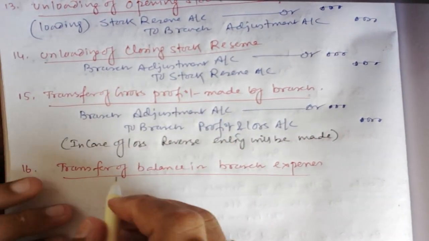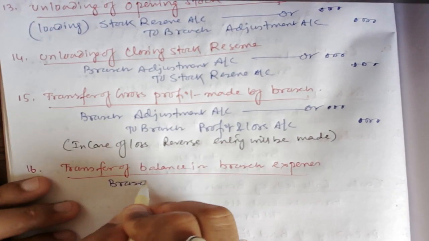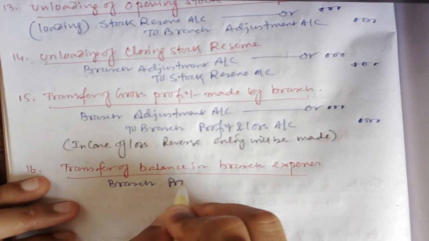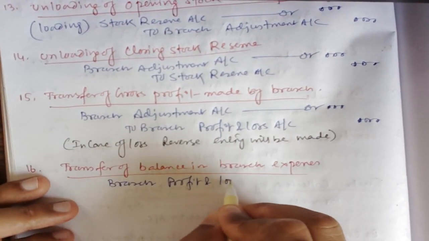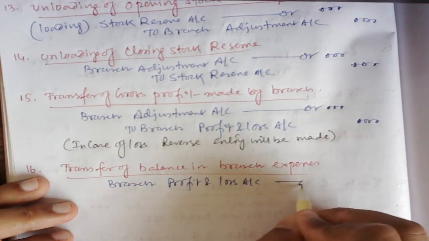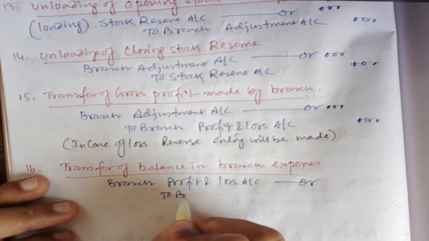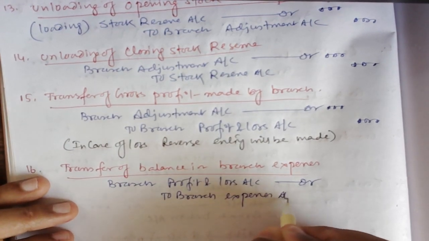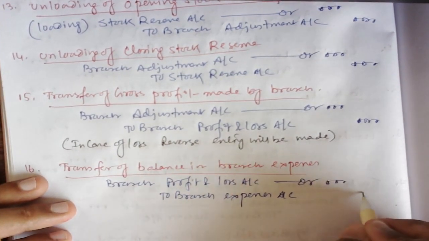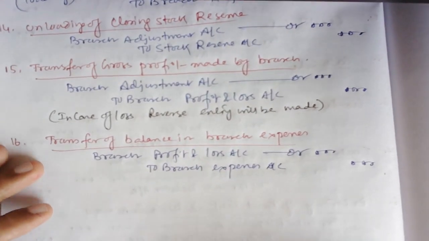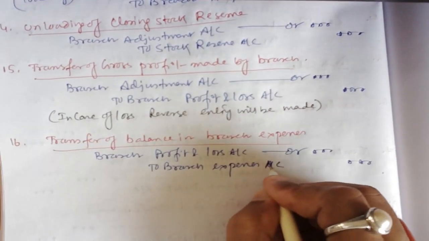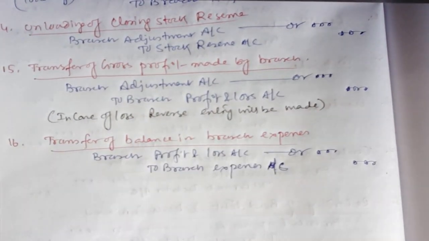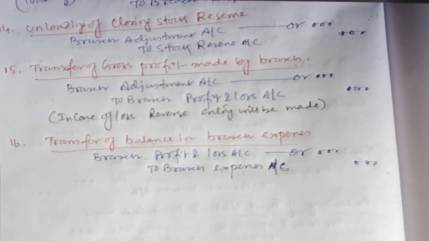So when you are going to close the branch expenses account, then the journal will be branch profit and loss account debit to branch expenses account. That is what the transfer of balance in branch expenses is. That is done, sir.